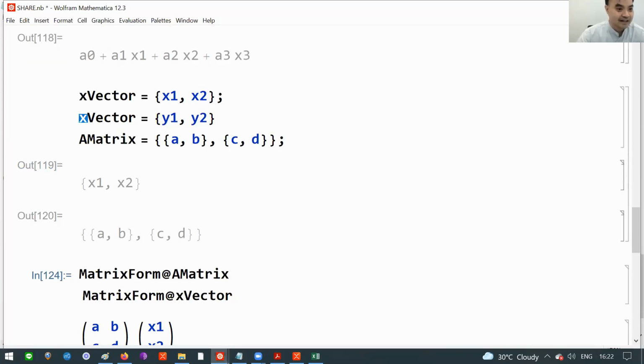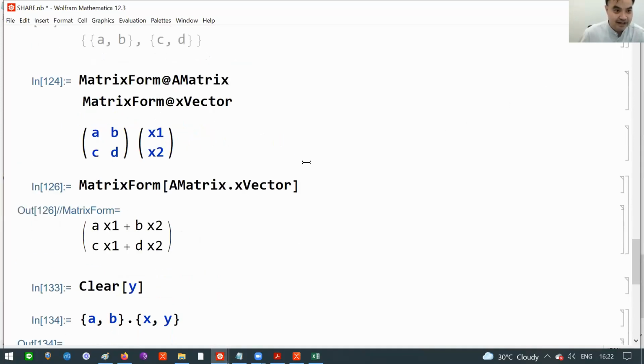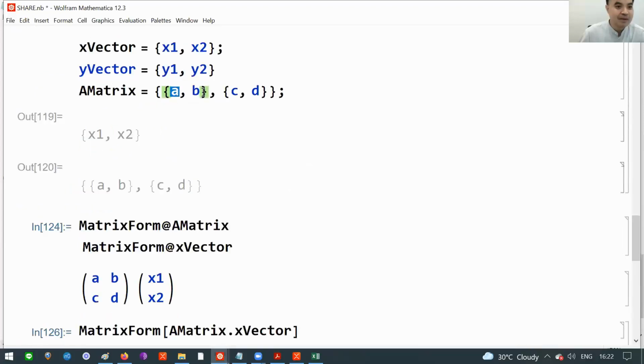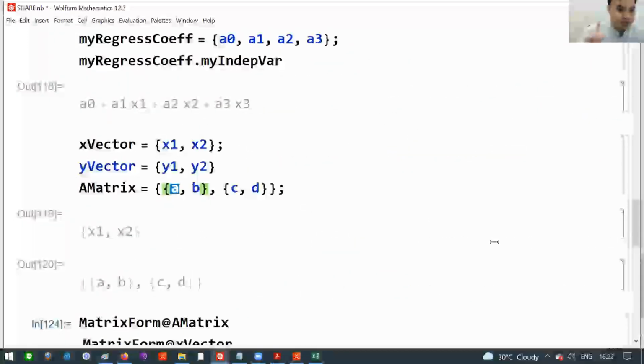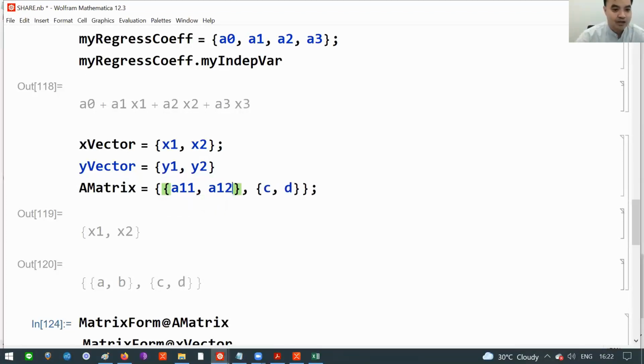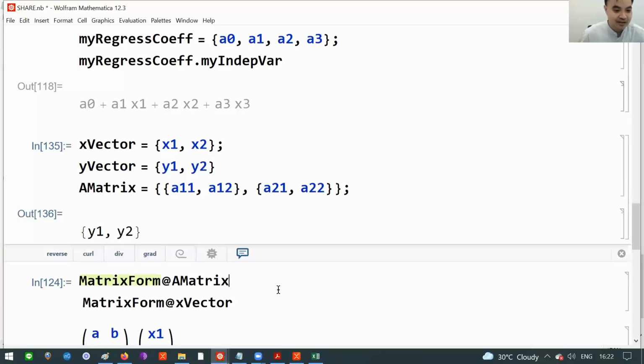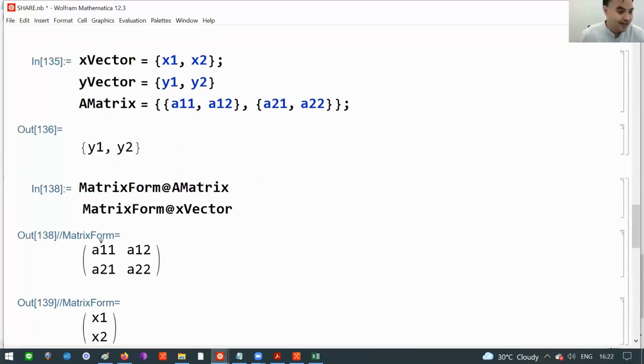Now I use A, B, C, D. So matrix, now because I'm going to use notation. The first row will be something like A1,1, A1,2, then A2,1, A2,2.